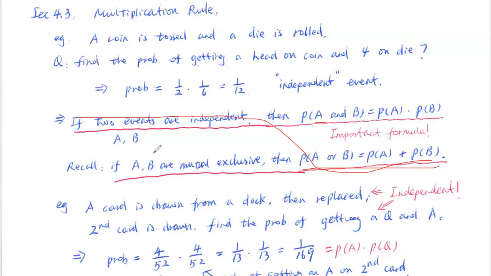If A and B are independent, the correct formula should be the multiplication one. If A and B are mutually exclusive, the formula should be the addition one. So hopefully that's more clear.